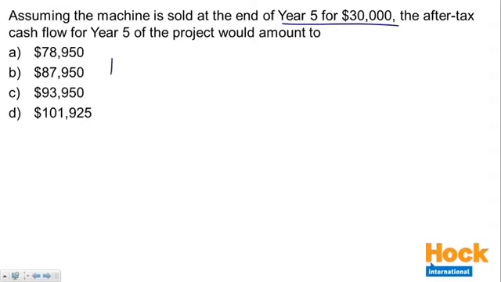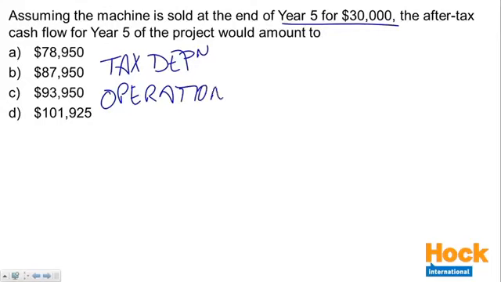We know that we're going to have the tax depreciation shield again. We also have the income from the operations, the fact that we have this project. We know what that's going to be. We can put the operations over here as $45,000. That's unchanged. The tax depreciation shield is going to be different because we have a different percent for depreciation expense.